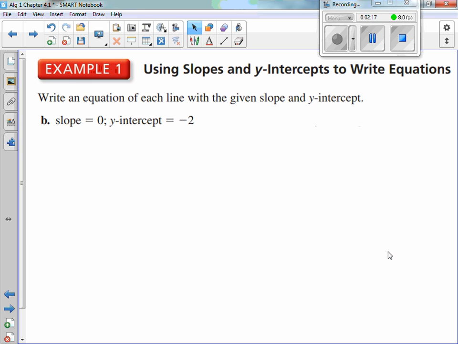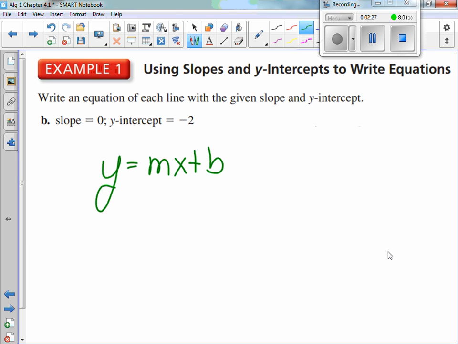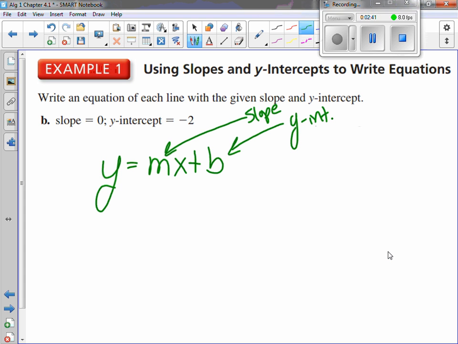So let's look at the next one. Again, we want to write the equation of the line in y equals mx plus b form, where m is the slope and b is the y-intercept.